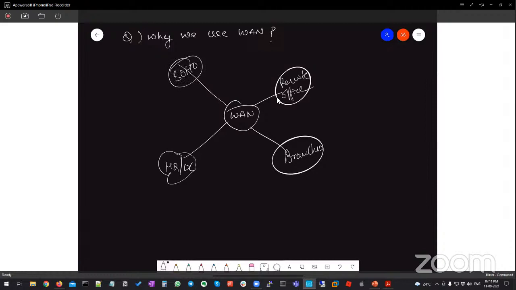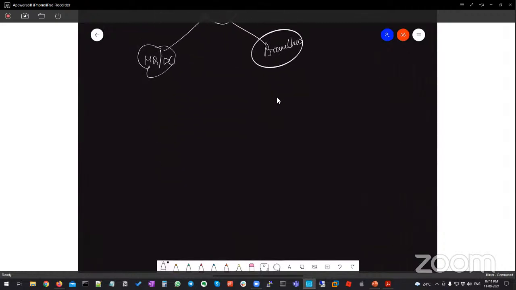Different brand solutions provide the connectivity over the WAN. So that is good. Now my next question: what are the ways to connect over WAN?